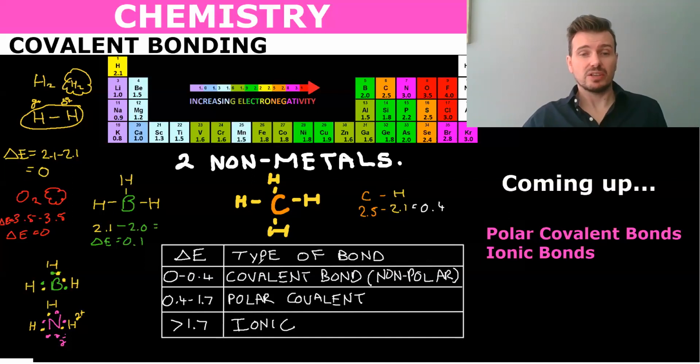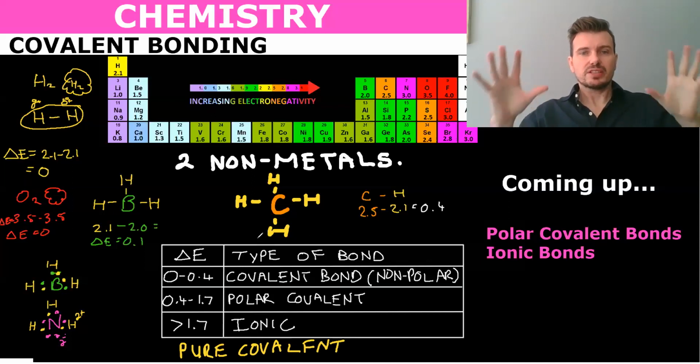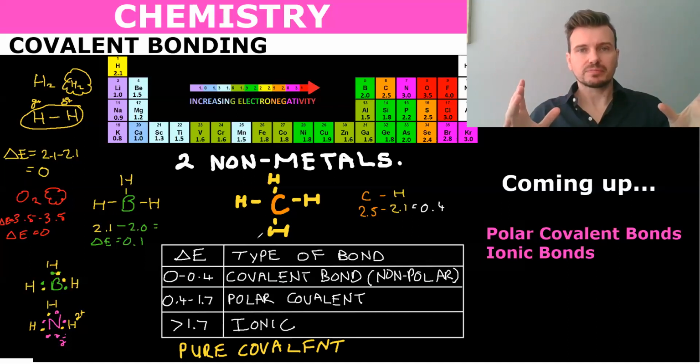I should just add, you might see this written as pure covalent, rather than polar covalent, which we're going to be doing in the next lesson. So these are our non-polar covalent bonding molecules. There's plenty more, and you can just look at your electronegativities to figure out which ones they are.